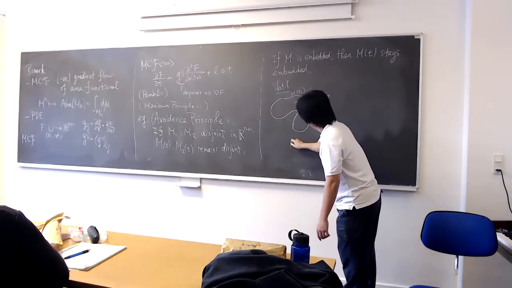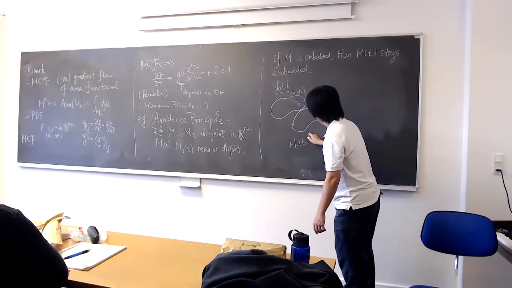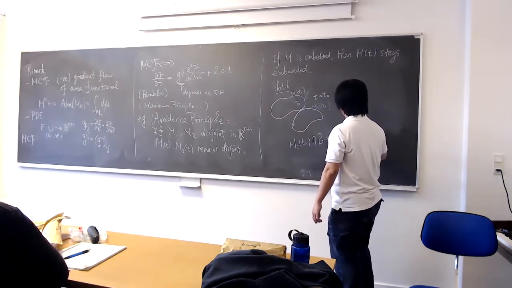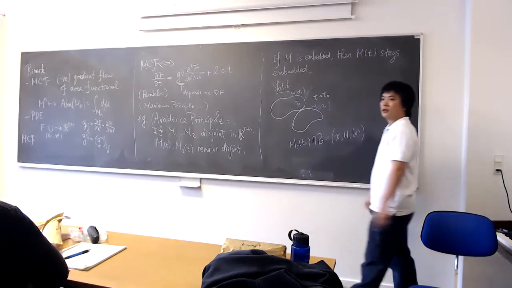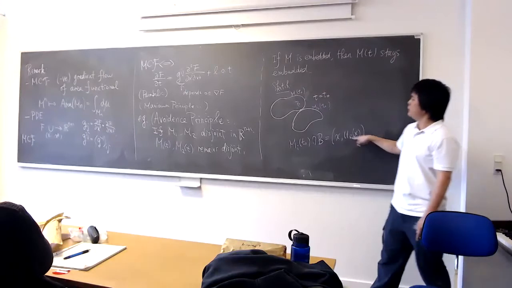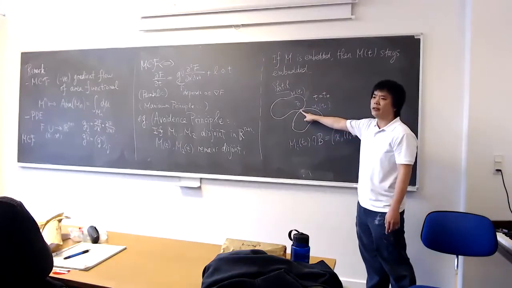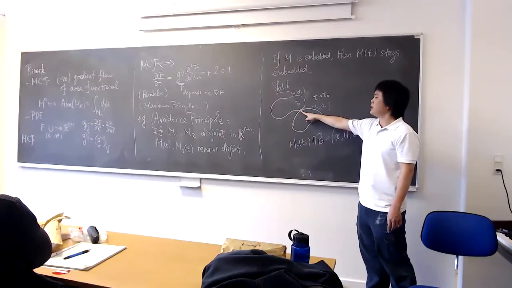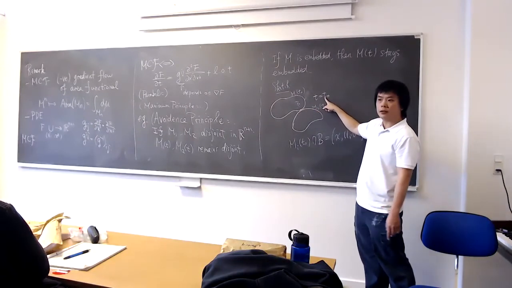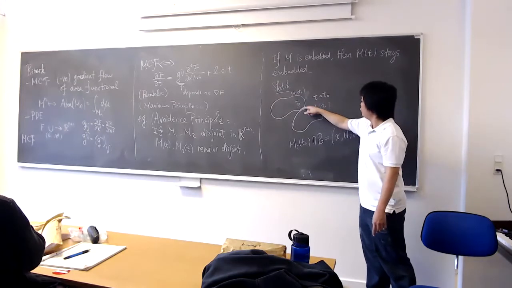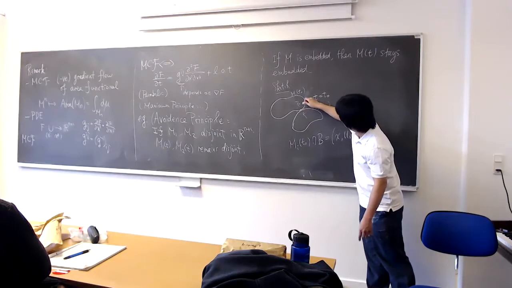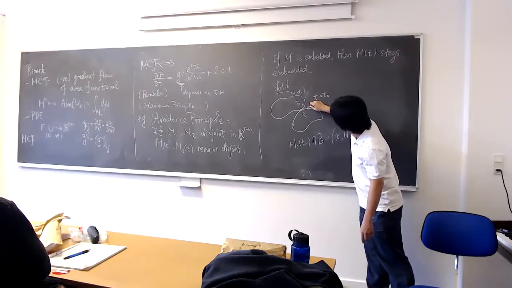So locally, M_i at t naught is the graph of a function, and this function U will satisfy a parabolic equation, and it has an interior zero at this point. But before this time they are disjoint, so one of them will be bigger than the other. Let's say this is U1, this is U2.